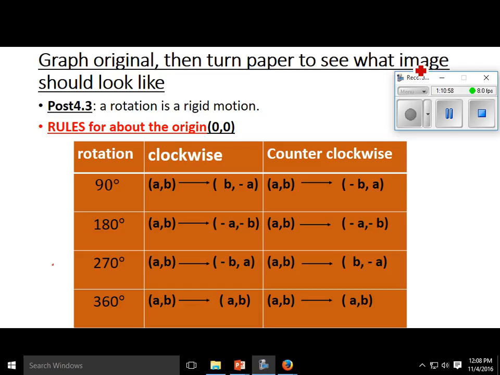He looks at his paper and goes, oh man, I don't know. Can he turn his paper like this 90 degrees and see what the new shape should look like? That's what this is saying. Just use your paper. Once you graph the original, take your paper and actually turn it to see what it's going to look like before you give an answer.